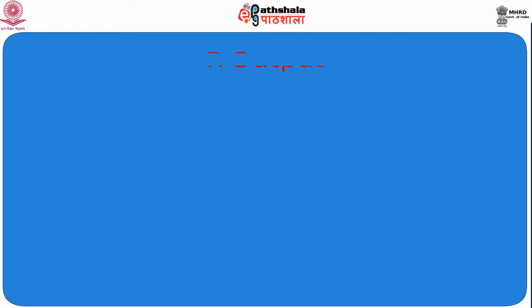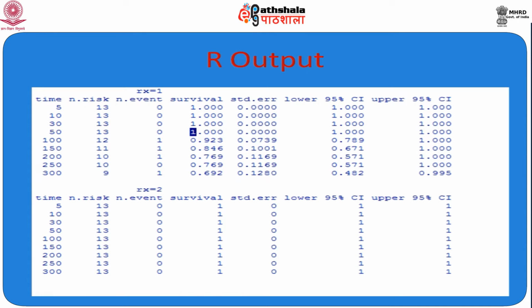The results will be given for Rx1 and Rx2 separately. For Rx1 the first column gives the time, and for Rx2 also the first column gives the time. Since we have assigned the times as 5, 10, 30, 50, 100, 150, 200, 250 and 300, the first column gives that interval, and correspondingly gives how many patients were at risk in treatment 1 and treatment 2 separately.